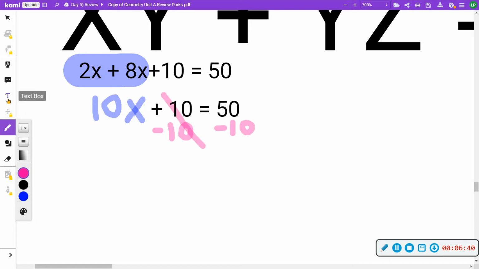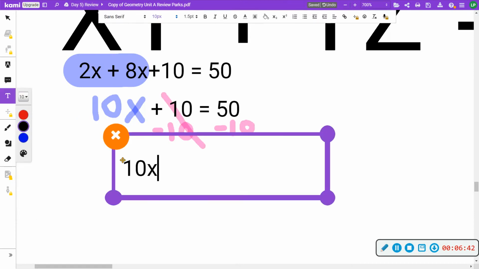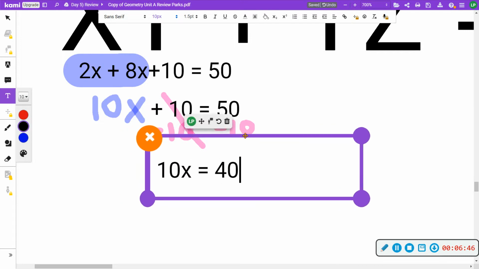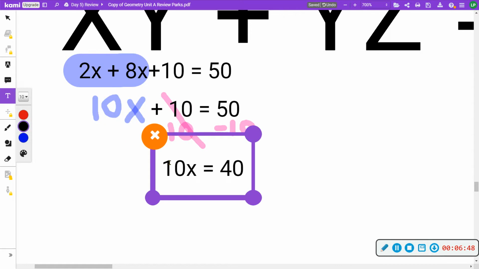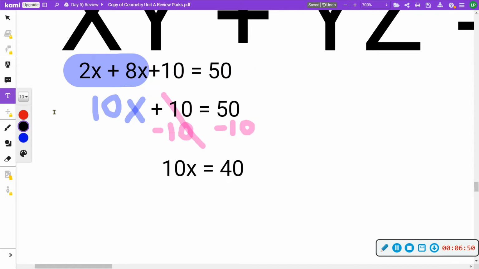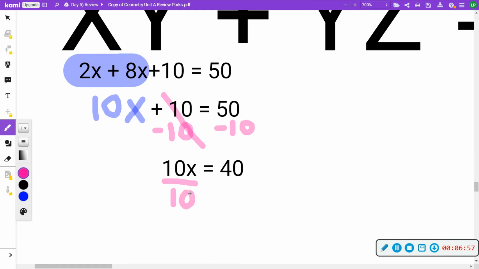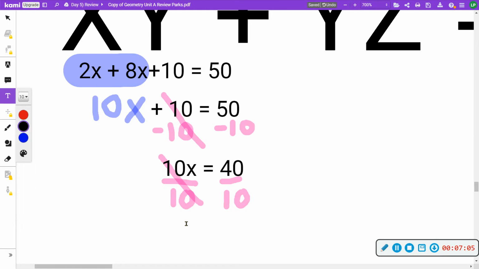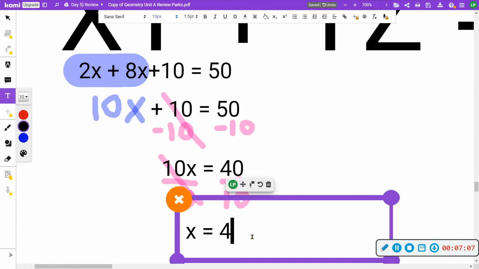And I would get 10x equals now 40. 10x comes down, 50 minus 10 is 40. And then from there, I would divide both sides by 10. Those go away. 40 divided by 10, you get 4. I just got x.